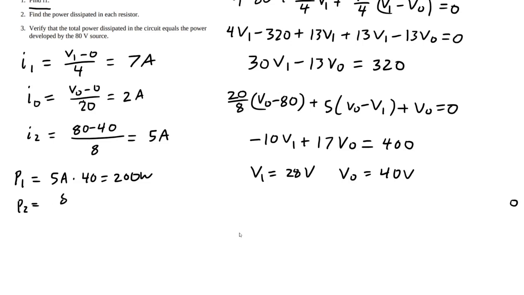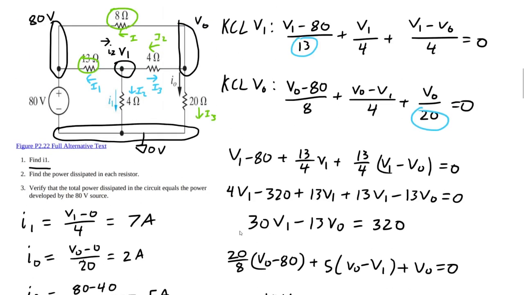So 80 minus 28 squared divided by 13. So 80 minus 28, 52 squared divided by 13. Okay. So 84.5 watts.